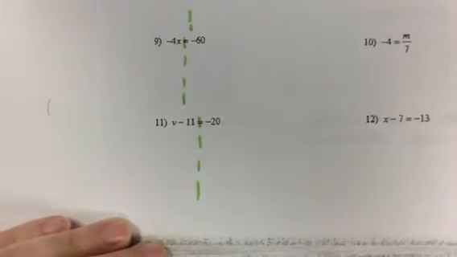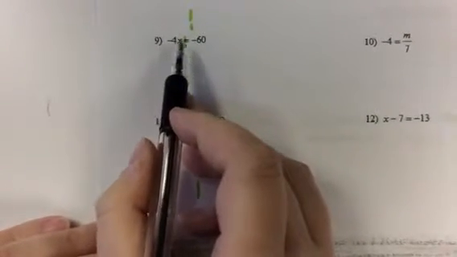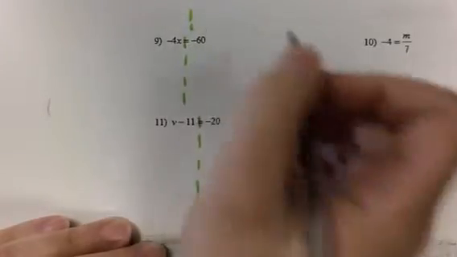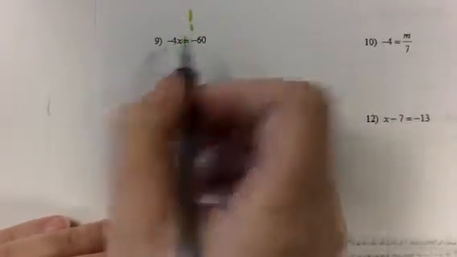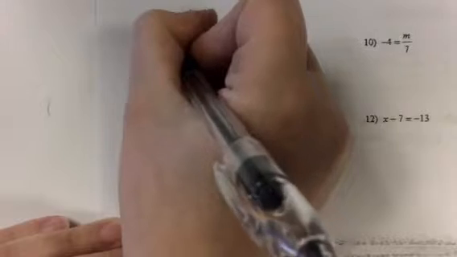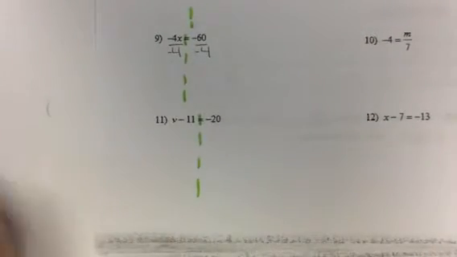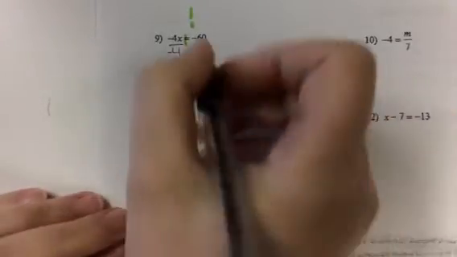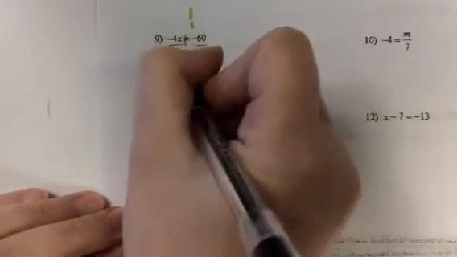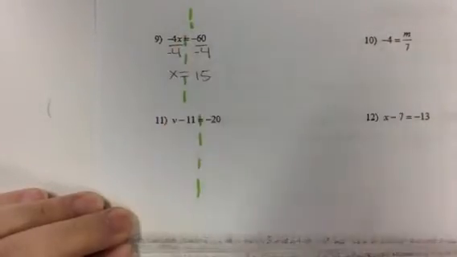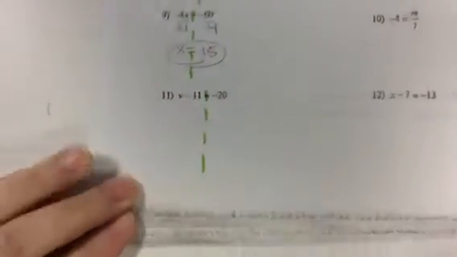Number 9, negative 4 times x equals negative 60. This is multiplication, so I need to do the inverse operation, divide out that negative 4. So now we have negative 60 divided by negative 4, and 2 negatives are going to make a positive, so this is x equals positive 15.